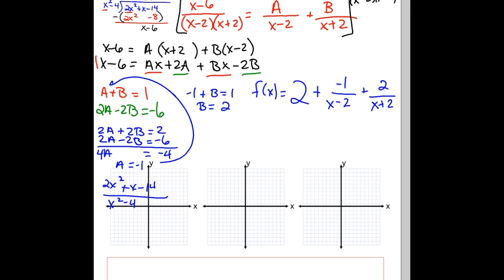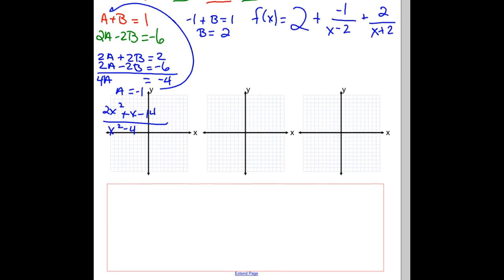What makes that 0? 2 and negative 2. So in my graph, those would show up as what? Vertical asymptotes. Yes? So my original function, if I were to graph it, would have vertical asymptotes at x equals positive and negative 2. What about horizontal asymptotes? How do we find those?